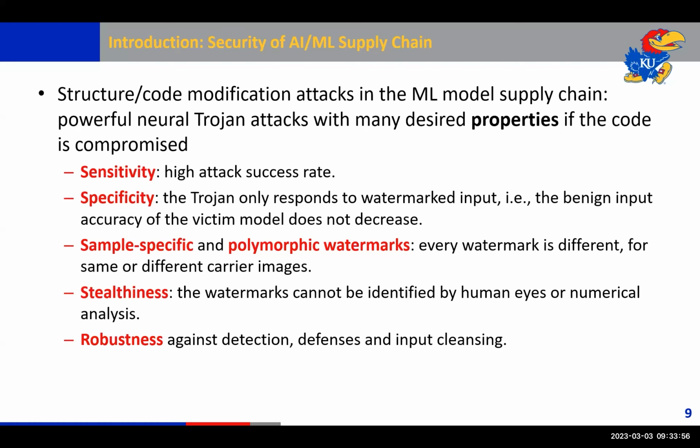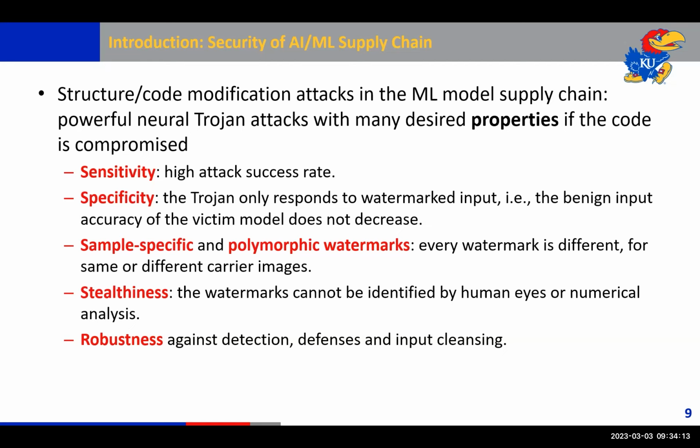To perform a successful attack, we want many design properties. The basic one is sensitivity, which means a high attack success rate. Additionally, we want many fancy properties to make the attack stealthy.